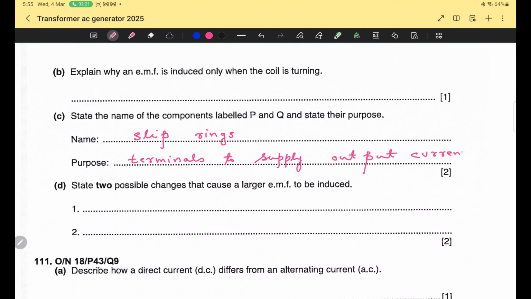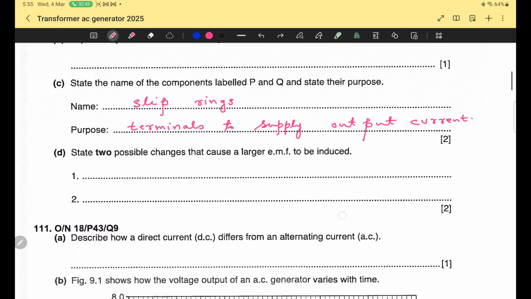We receive current through these terminals, and these terminals are called slip rings. So P and Q are slip rings, and their purpose is that they are terminals used to supply output current. Now state two possible changes that cause a larger EMF to be induced.